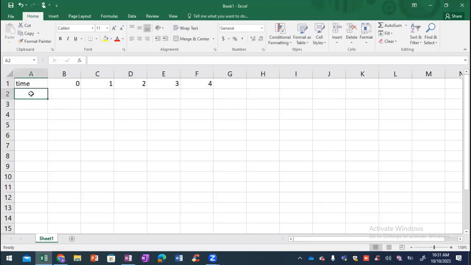All you need to do is write the net cash flows. It is negative 1,10,000, then we have 40,000 each year.